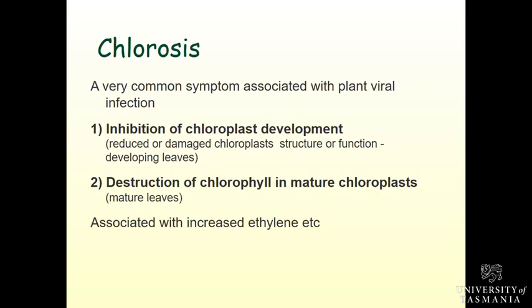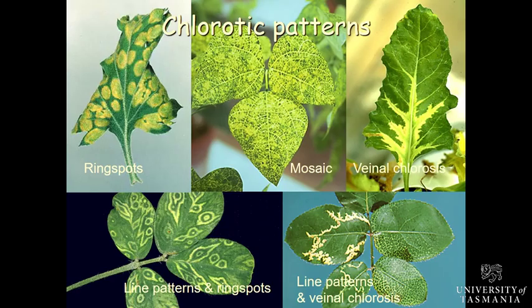Chlorosis, however, is very common. So viruses, again, are a cellular parasite. They affect the metabolism. One of the first metabolic processes to go is chloroplast development and chlorophyll production. So it can reduce chloroplast production, and then decrease chlorophyll synthesis, and you'll get some pretty patterns, I think.